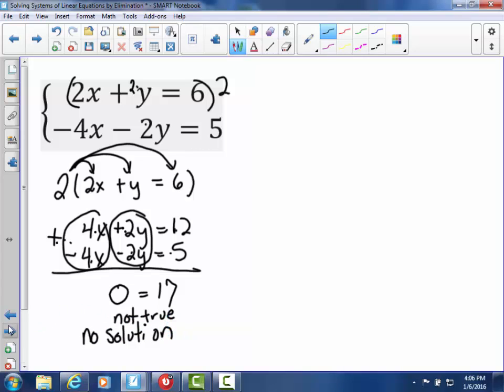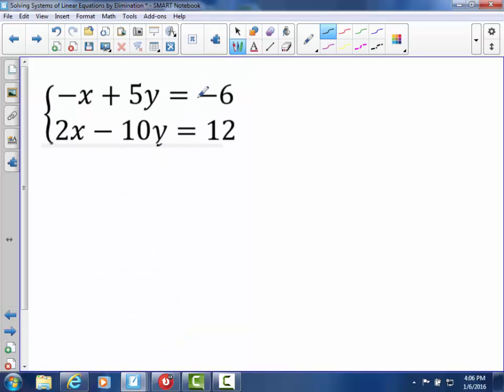Okay, let's take another set of systems. Another set of equations, another system. Okay, so we have -x plus 5y equals -6. We have 2x minus 10y equals 12. I think on this one, I see that if I had a 2 here, these would be opposites.